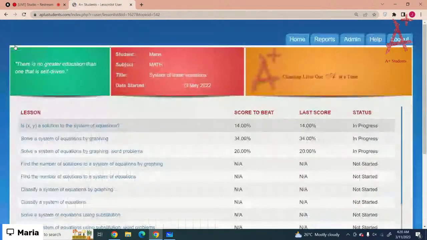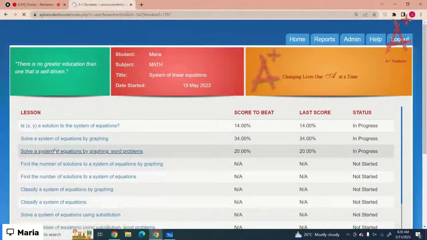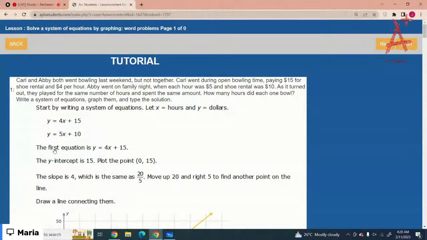The next lesson is solving a system of equations by graphing word problems. You have to do the same thing now, you just have to do the word problems. Let's read the first question. Carl and Abby both went bowling last weekend, but not together. Carl went during open bowling time, paying $15 for shoe rental and $4 per hour.